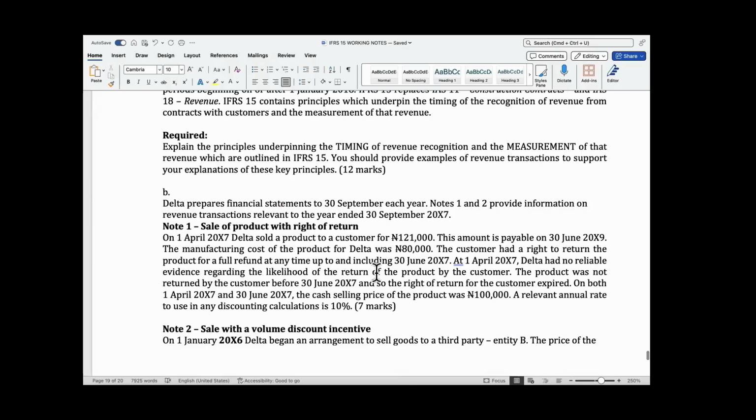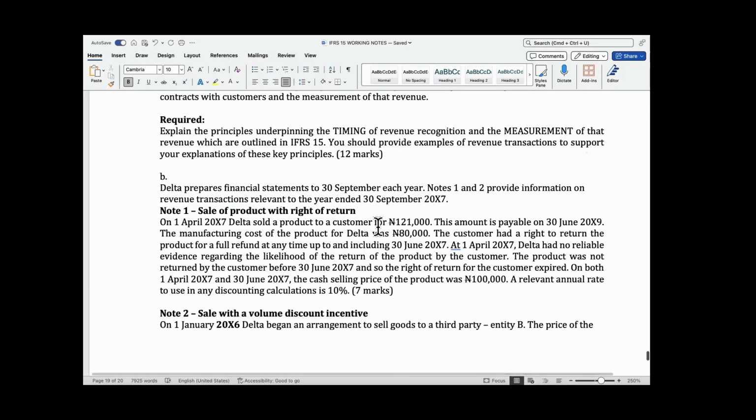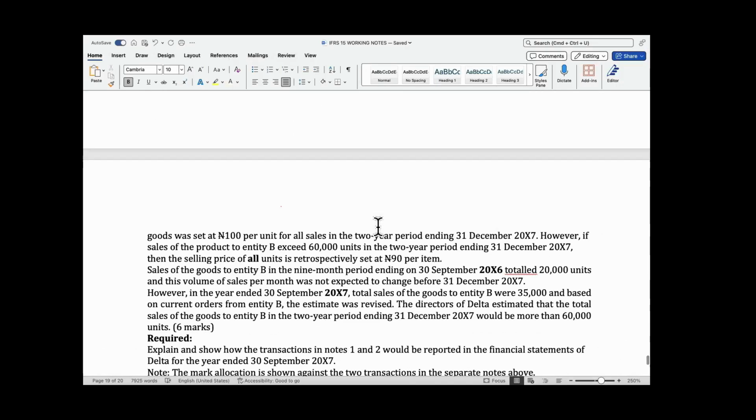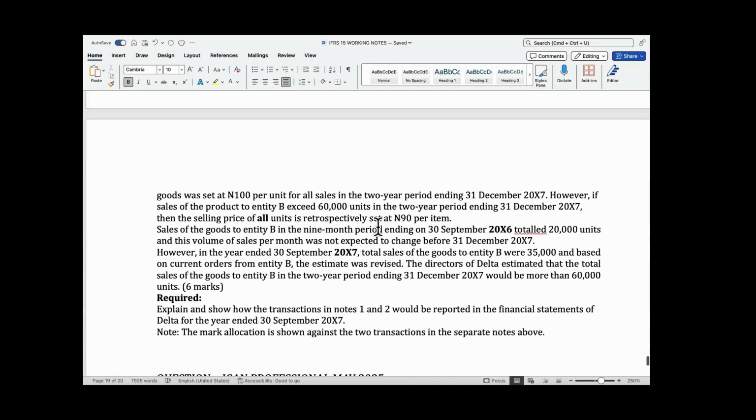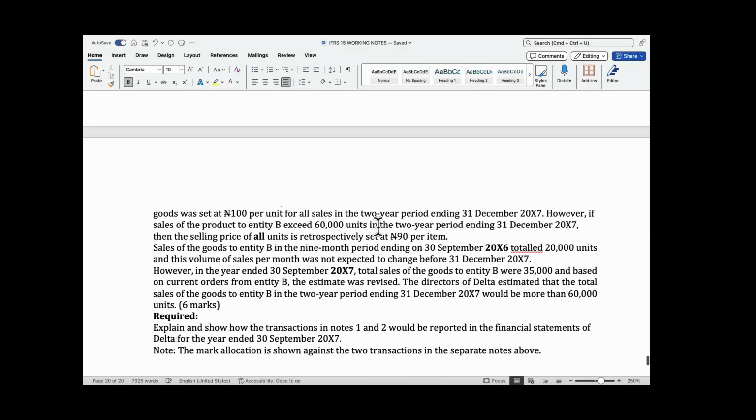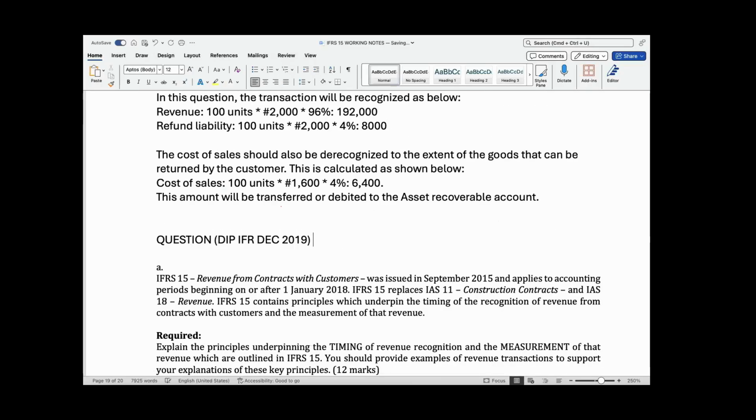Let me see this one. So there's another question on sales with right of return. I'll allow you to solve this. And there's this one. Okay, you can see that.